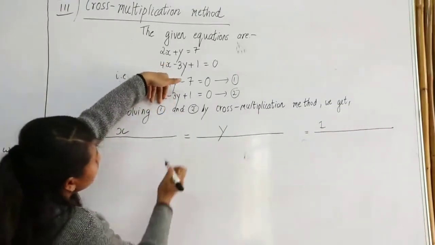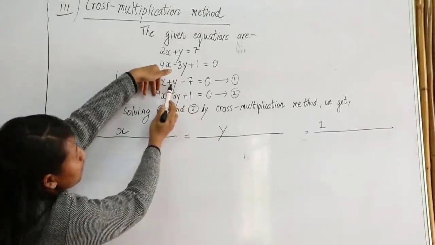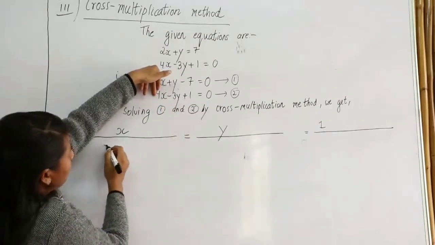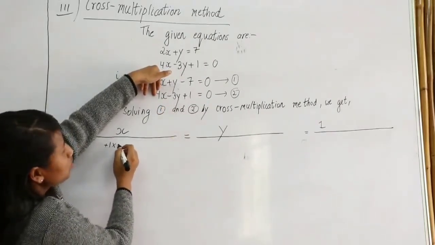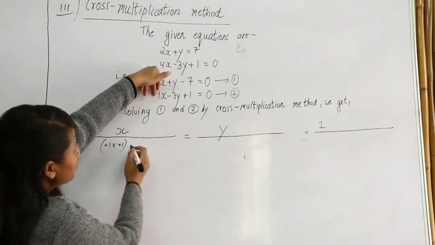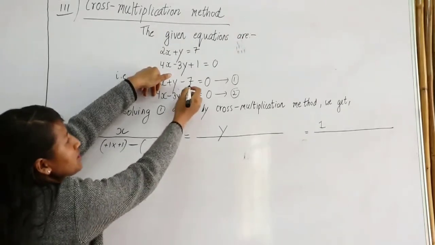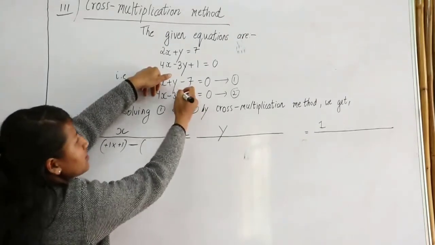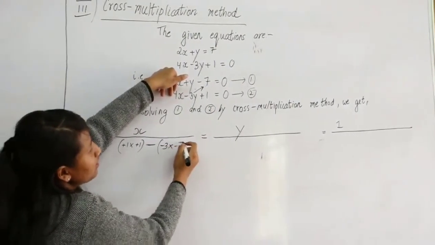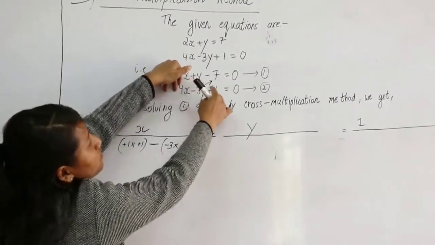Okay, you do like this with your finger, and then look here, we have plus 1 and plus 1, so plus 1 into plus 1, then you have to write minus in the middle, then this with this, so minus 3 and then minus 7, you multiply this with this.